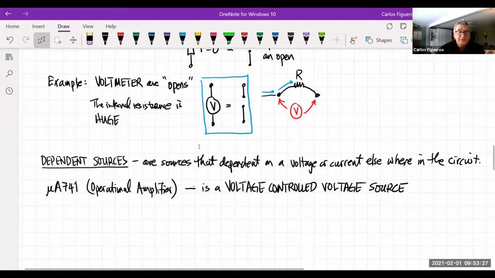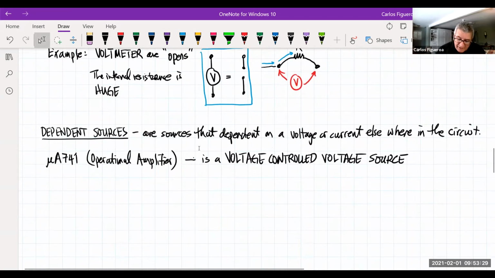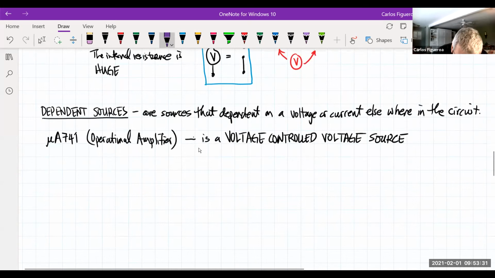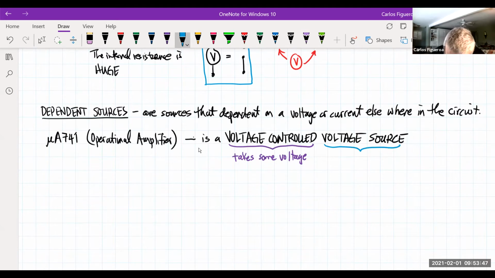And what you find here is that it means this voltage control, this guy, this is really this. So it takes some voltage, and then what it does next here is that the source here then, so it takes some, let me go back here.